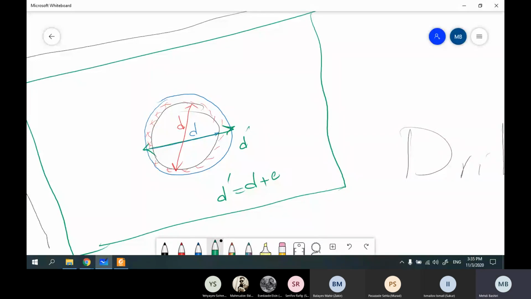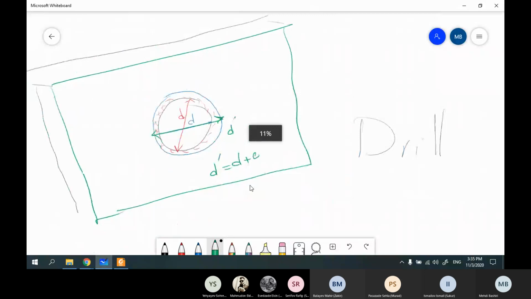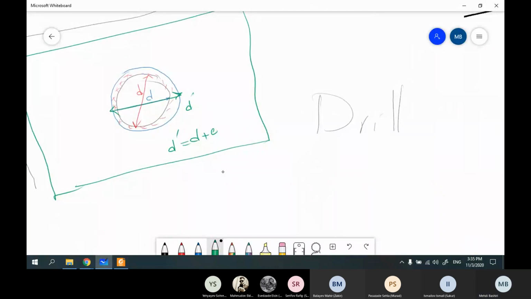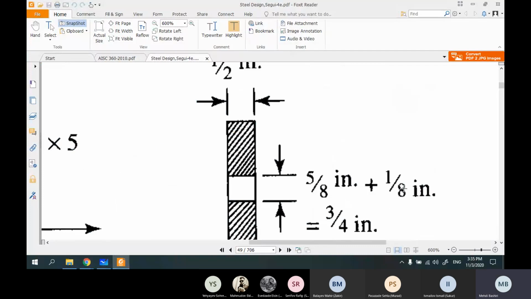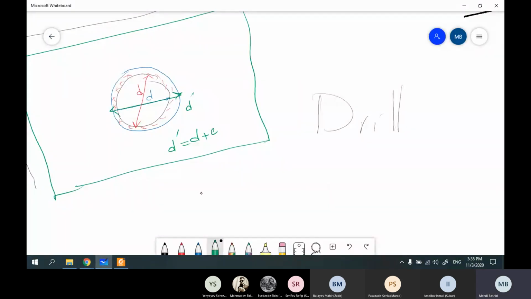The codes or the books suggest 1/8, if I'm not mistaken. Here you can see that it is 1/8 if you work in inches, or 2 millimeter if you work with SI units. So, for example, this is your plate with a hole diameter of 8 millimeter.